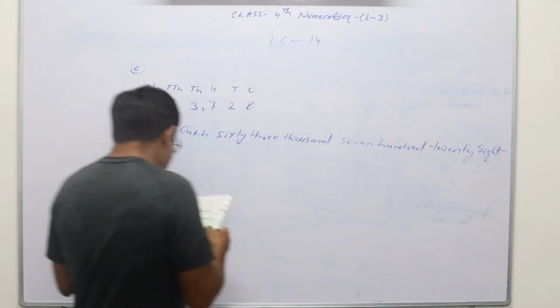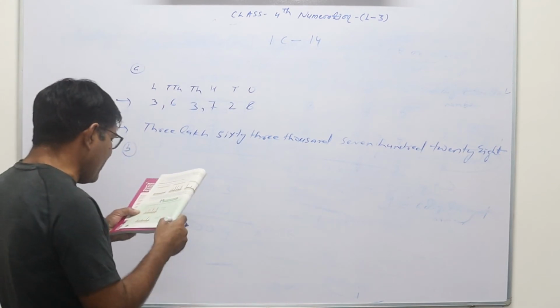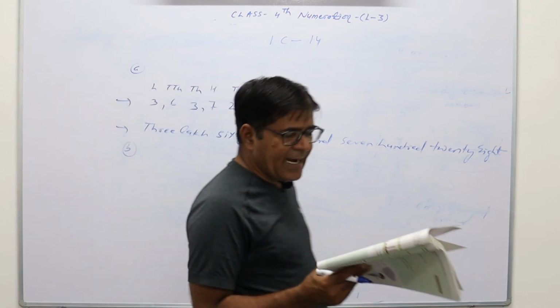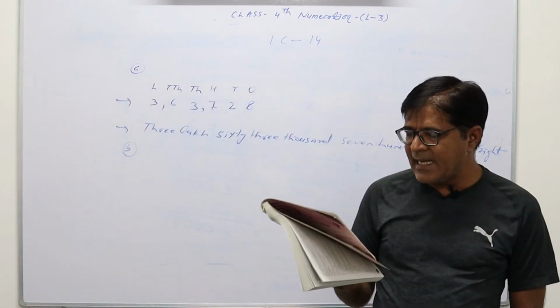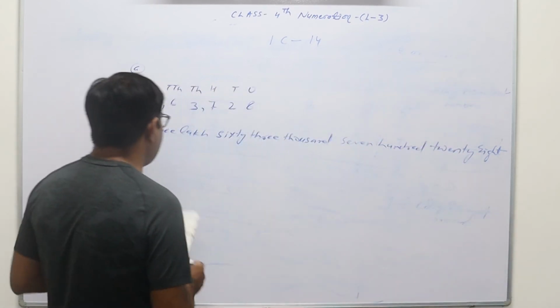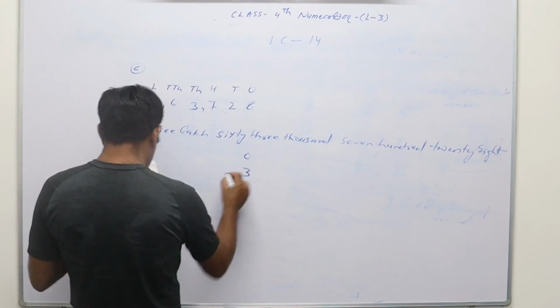Now similarly, B part of question number first. Again observe the abacus and write the digit at ones, tens, hundreds, thousands, ten thousands and lakhs. So number of beads at ones place are 3.